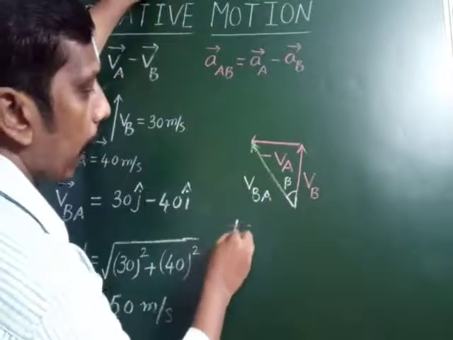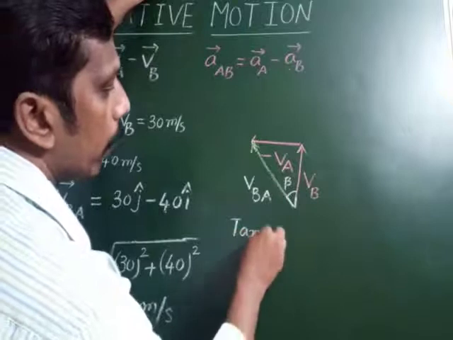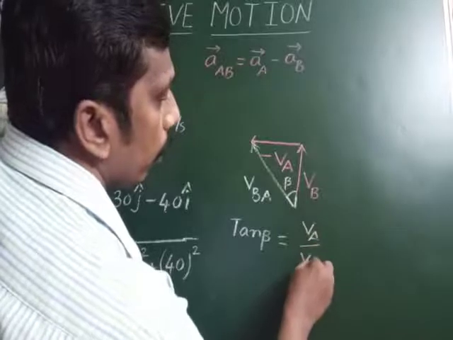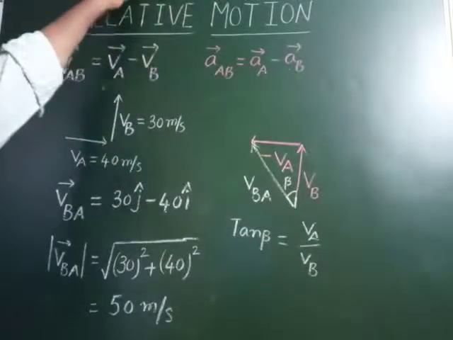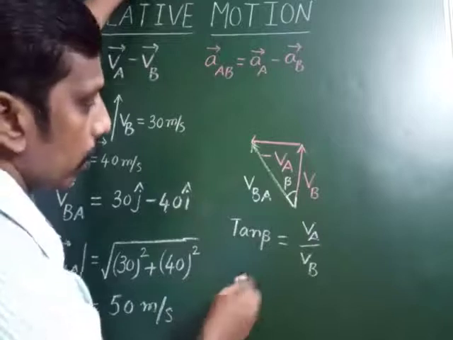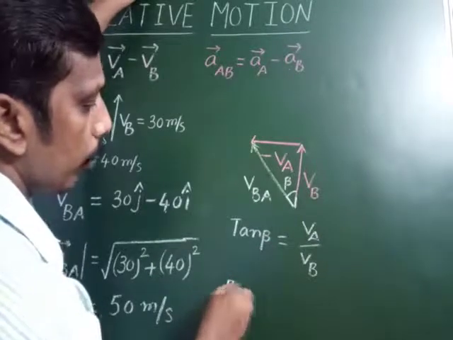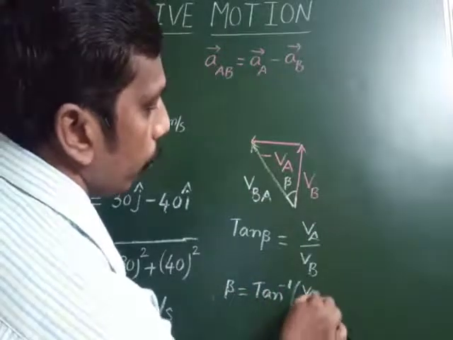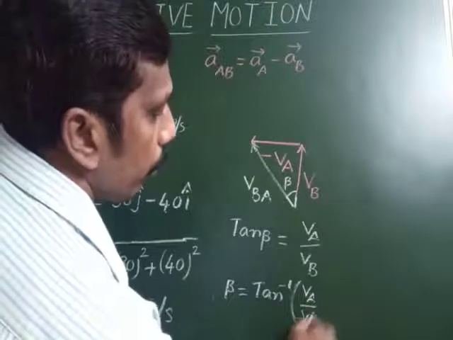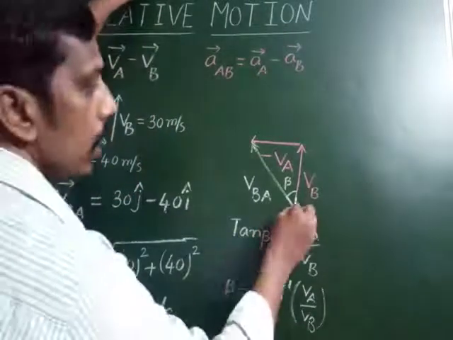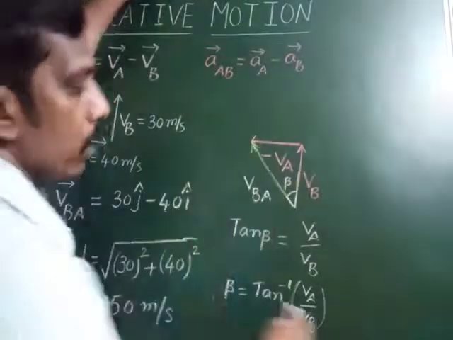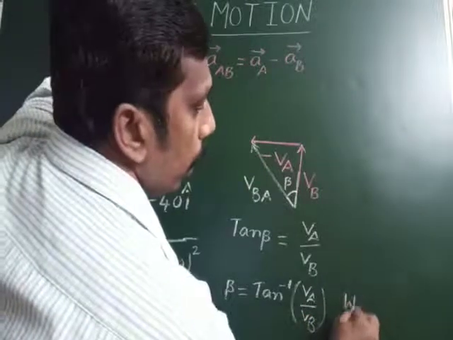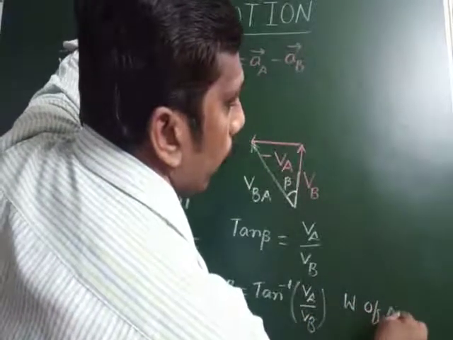So tan beta is equal to VA by VB. What about the resultant direction? First you write beta. Beta is equal to tan inverse of VA by VB. Here the direction is in north, and it is in west. So the angle is west of north, beta west of north we can write.